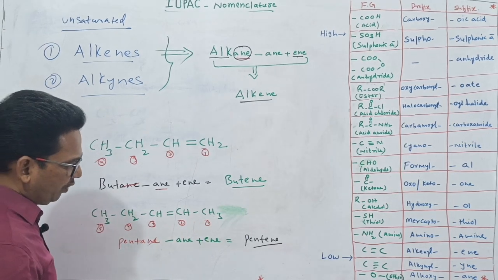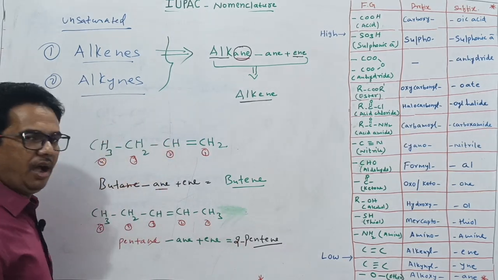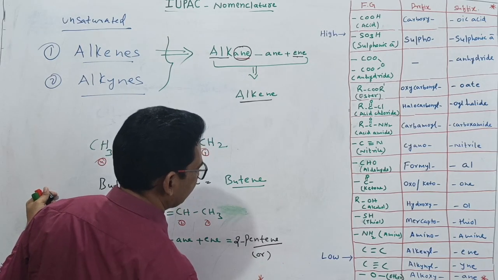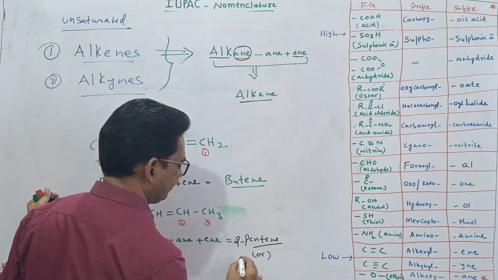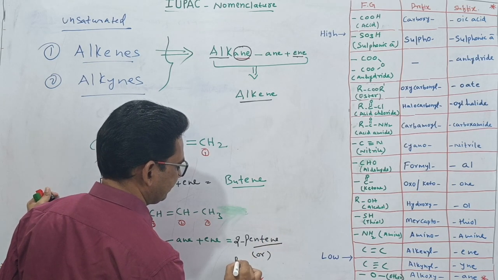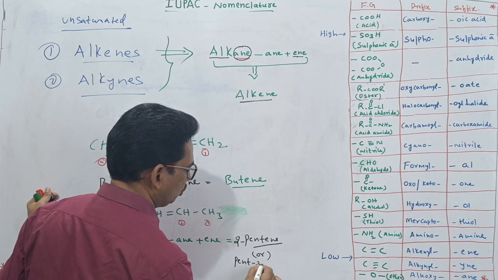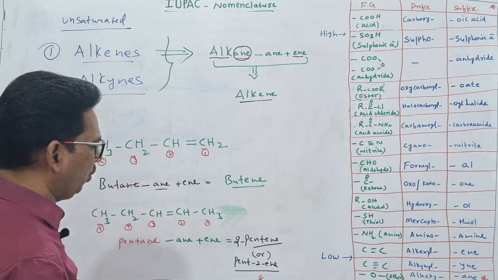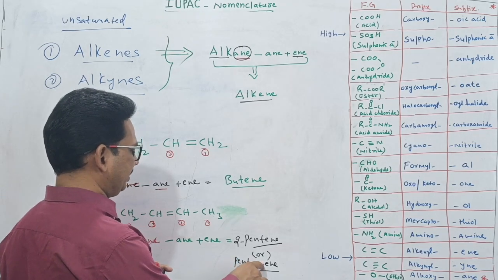That's why what do we have to write? 2-pentene, or you can write pent-2-ene. Pent-2-ene means that in pentane the double bond is present at the second position.